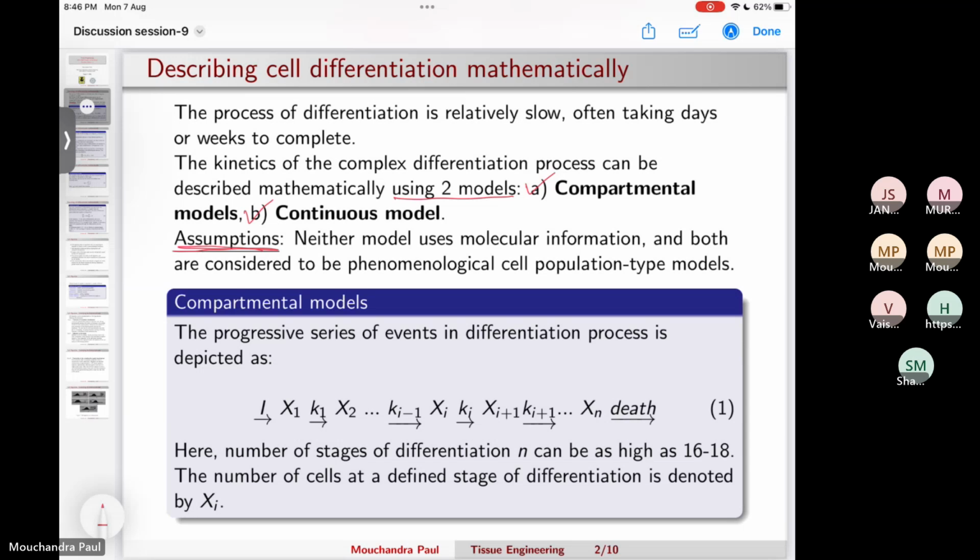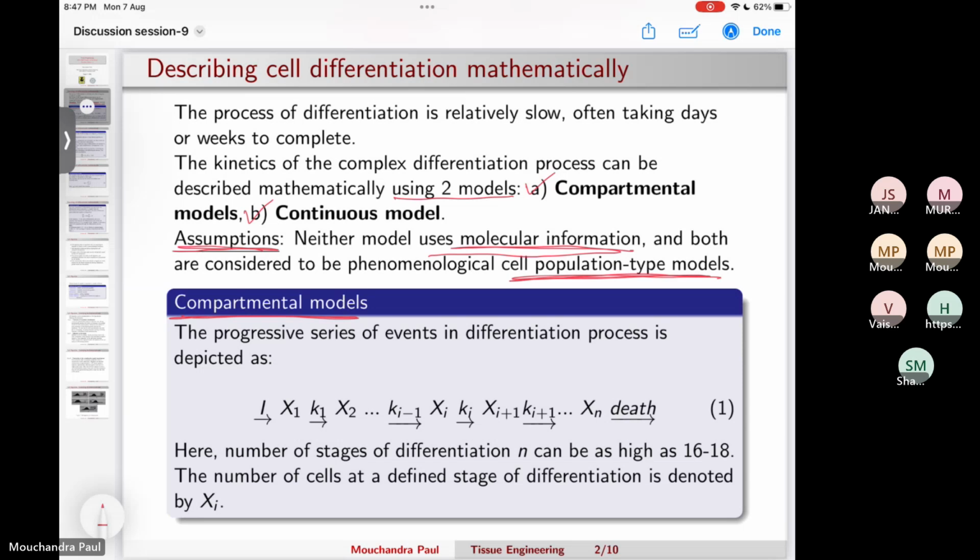So here also, in the compartmental model as well as the continuous model, they have taken the assumption that they are not using any molecular information. So whatever changes are going on at the gene level, those changes are not taken into account. And also both models are cell population type models. You will understand this in a few minutes.